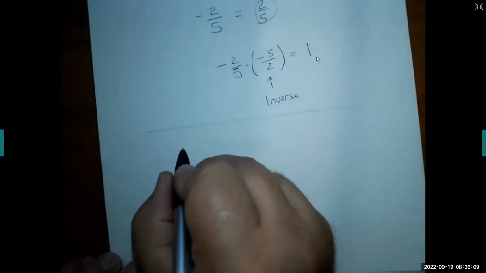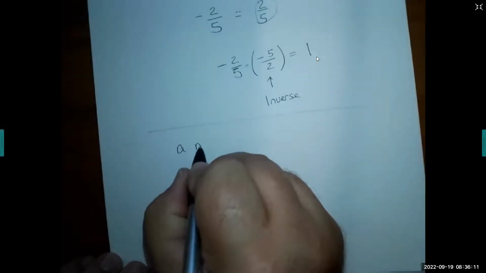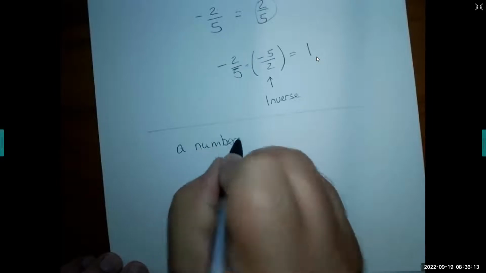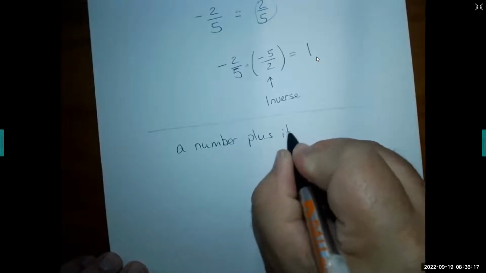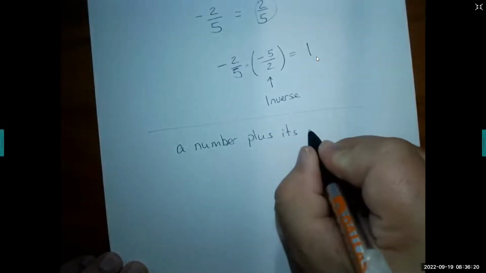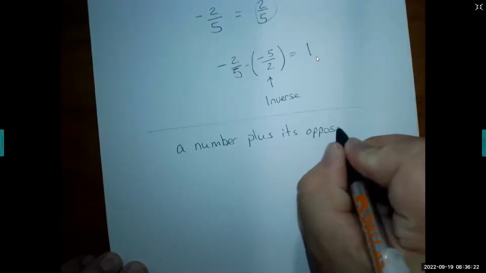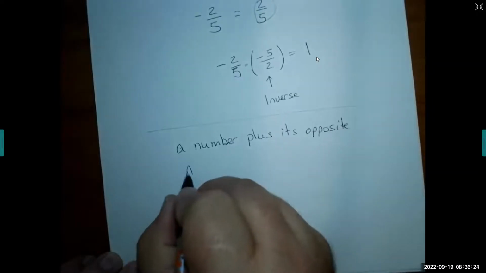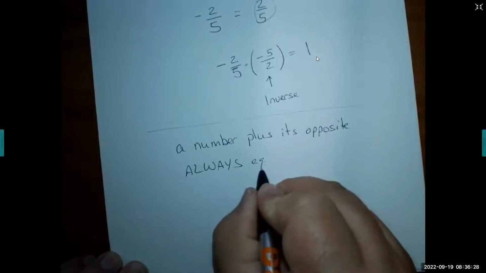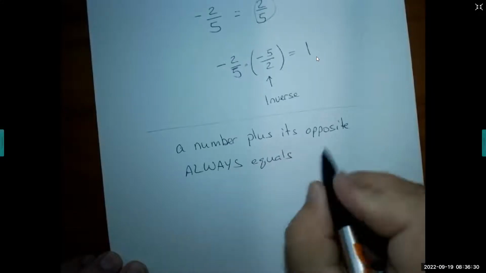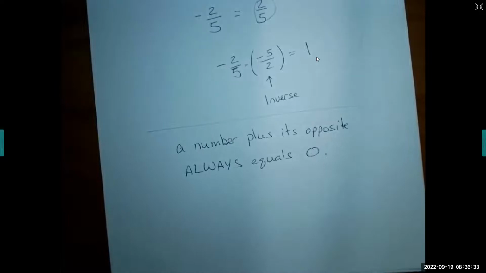And here's a rule, you know you have the opposite. A number plus its opposite always equals 0. A number plus its opposite always equals 0.